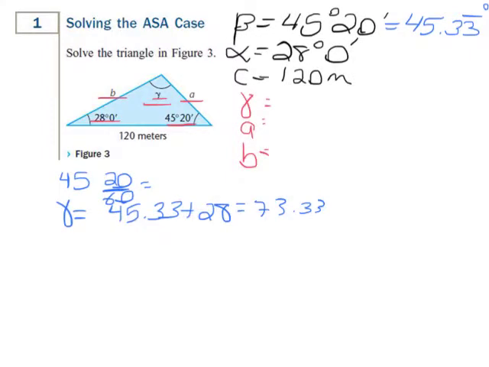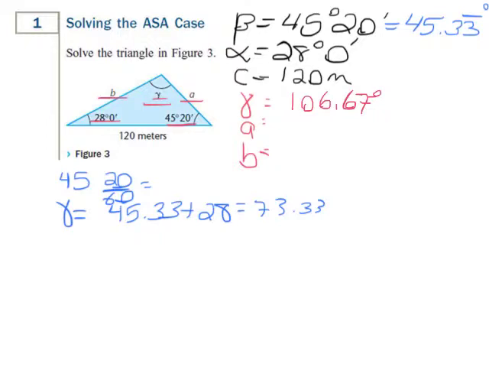So if we subtract that from 180, we'll get that gamma is equal to 106.67 degrees.